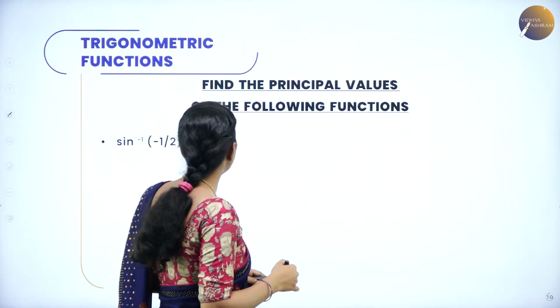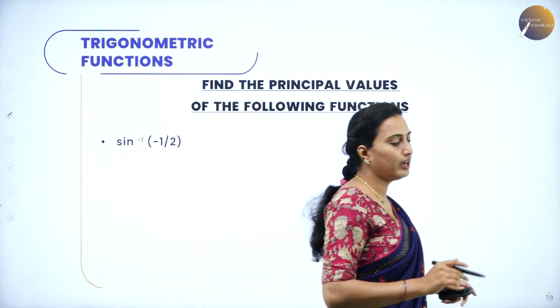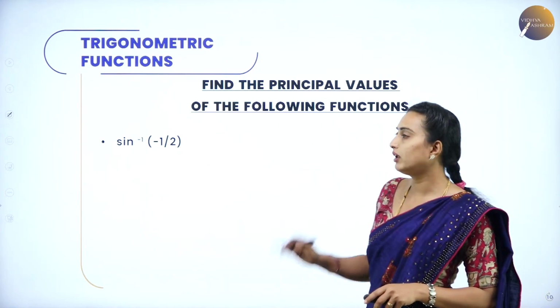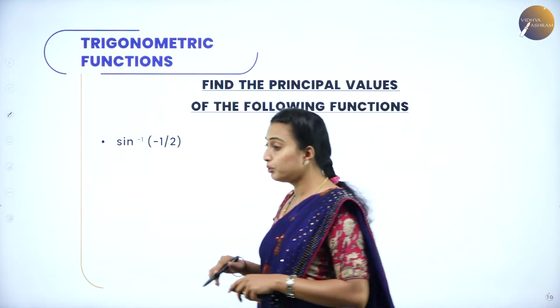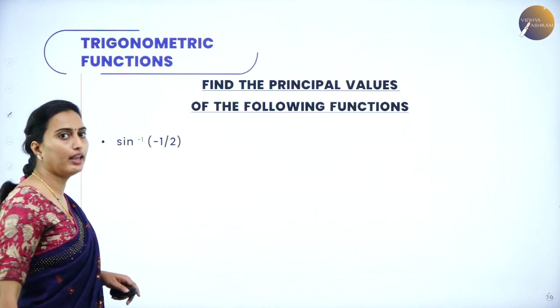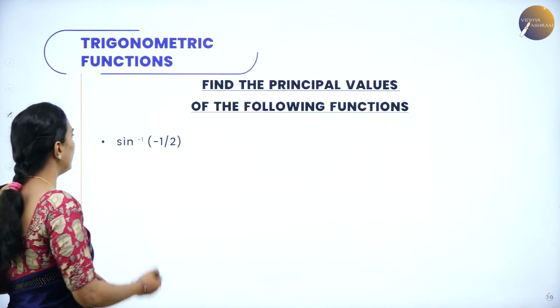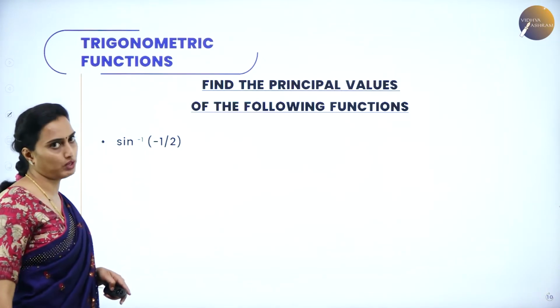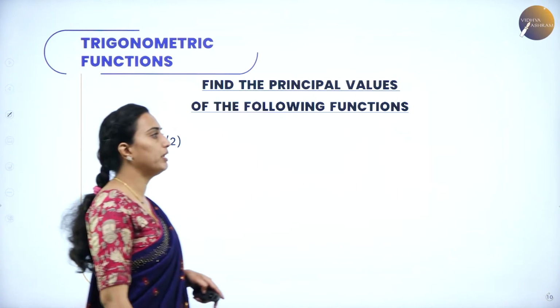Next, we'll be moving on to finding the principal values. This is very important and will be asked for a 2 marker. Find the principal value of the following. Here I have taken sine inverse of minus 1 by 2. Here I am going to make a substitution.